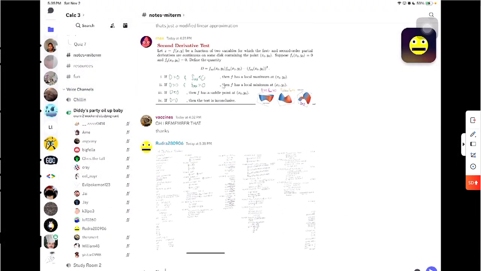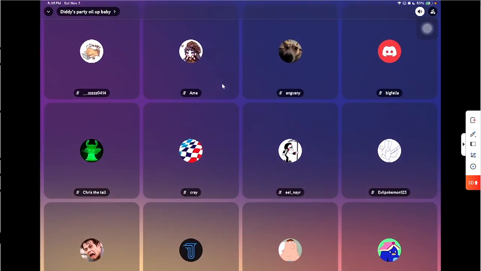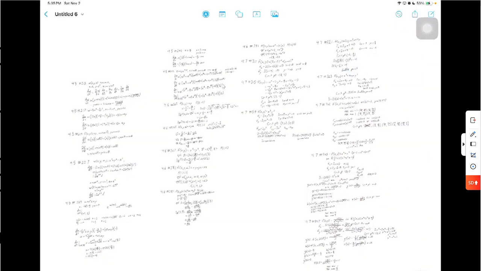Chapter 4 textbook problems. All right, let me just go get the screen share back up, and we'll be going back to chapter 5. All right, the screen share is back.